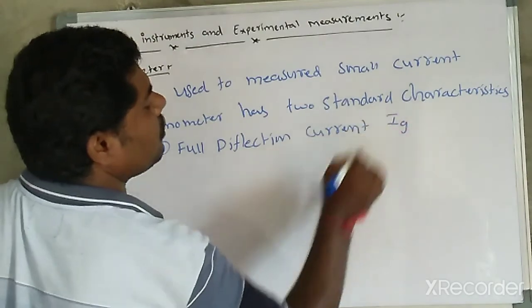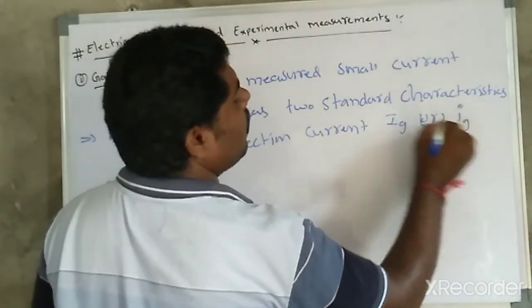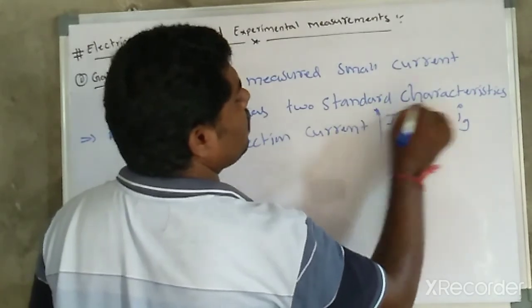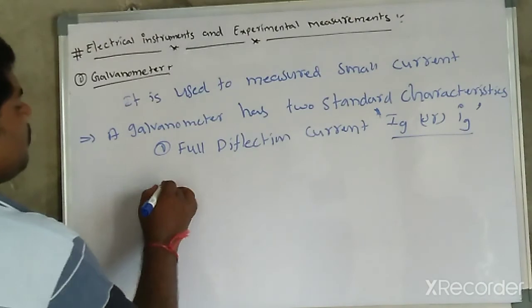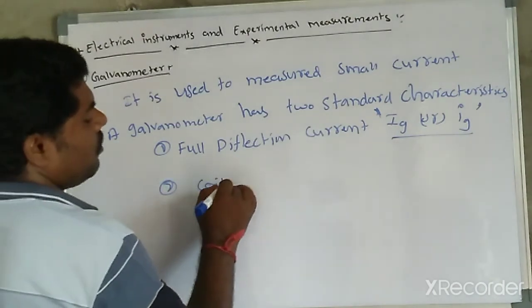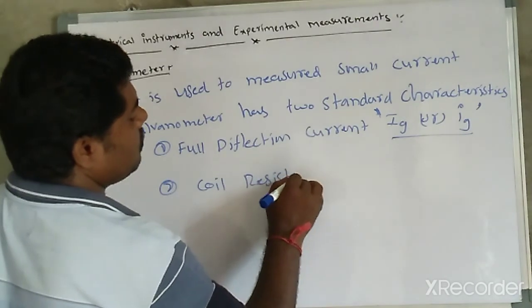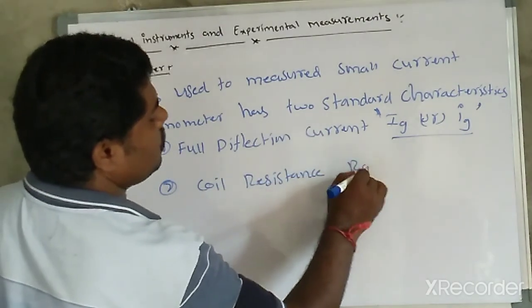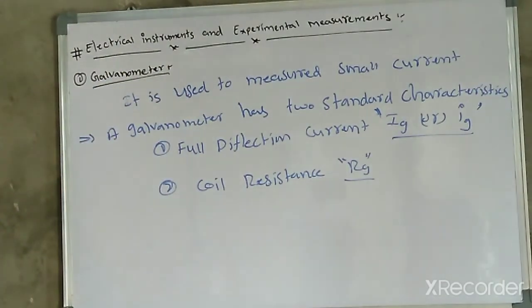Some books denote it by capital Ig, or some books by small ig. So please listen. And the second one is the coil resistance Rg. These two standard characteristics are very important.